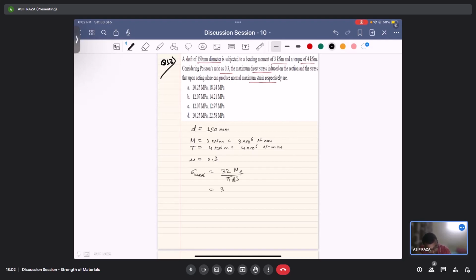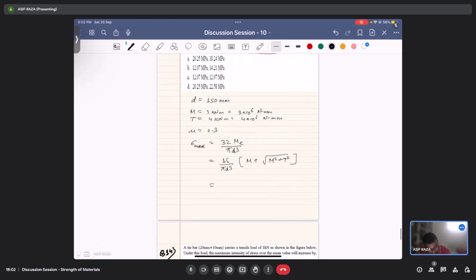And that is 16 by pi d cube, M plus root M square plus T square. This is equal to 16 by pi d cube. M is 3 plus, this is 3 square plus 4 square into 10 power 6.